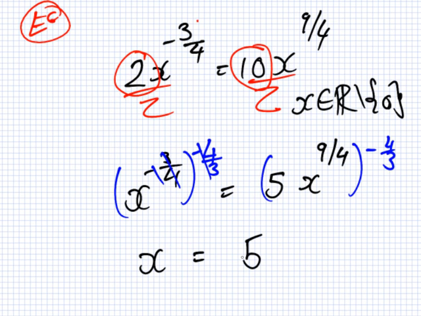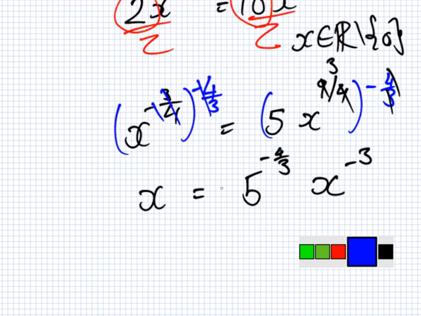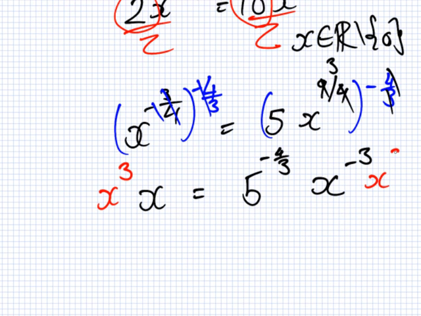Here this will be 5 power minus 4 over 3, and this will be x power, what will that be, 9, well 3 goes into that 3 times, 4 goes into that once, just a minus 3 up here I think. Yeah? Okay, I think the next thing I'll do, maybe a little bit like what Leon had in mind here, I'll multiply both sides by x power 3.